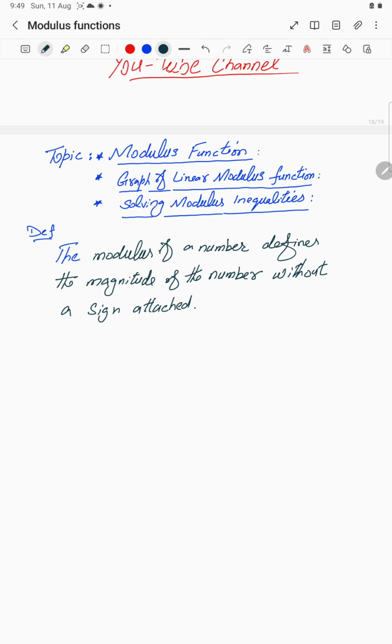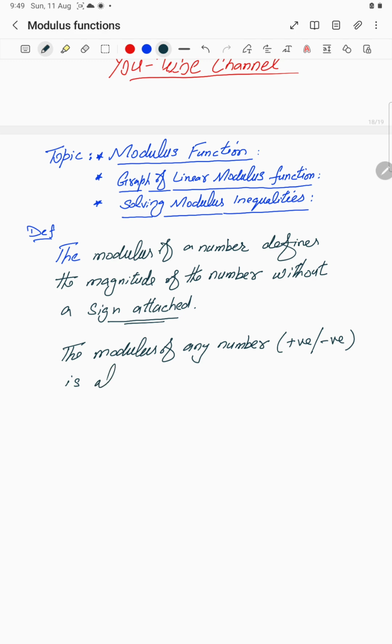That means the modulus of any number, no matter whether positive or negative, is always a positive number.